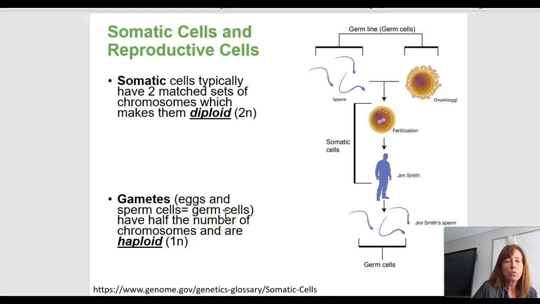And they're only going to have 1/2 of the chromosome number that all of the rest of the body cells have. And that makes sense intuitively, right? Because we know that we are formed from the union of two sex cells, two gametes. And so once they come together, those two individual haploid gametes together are going to form the first cell in our body, which will be diploid. We'll have one from mom, one from dad for every single one of those chromosomes.